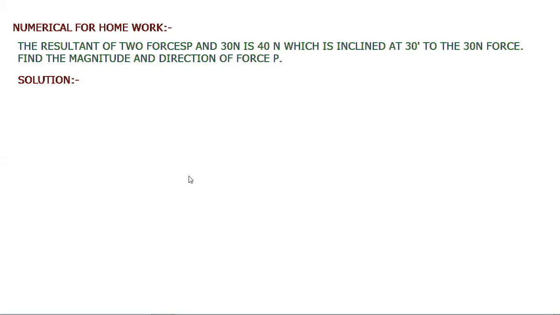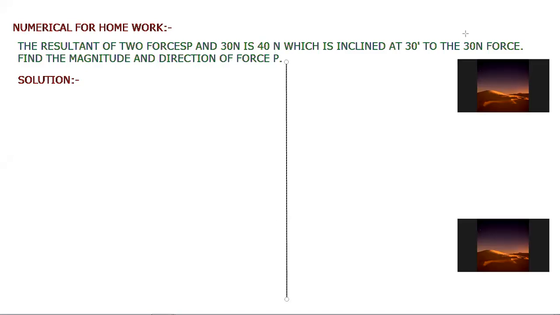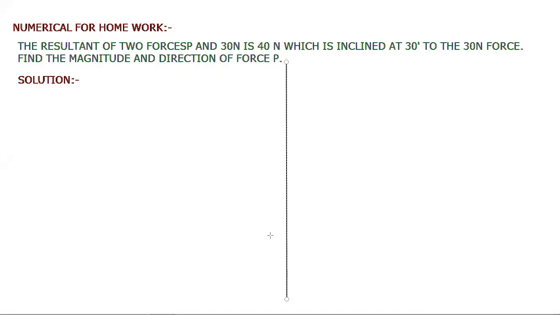So you have to draw the diagram carefully by reading the numerical. It is very important to understand the numerical first. Draw the diagram and then go for the solution.